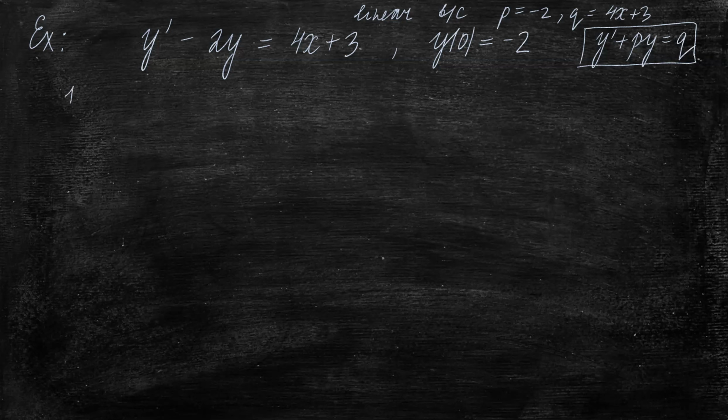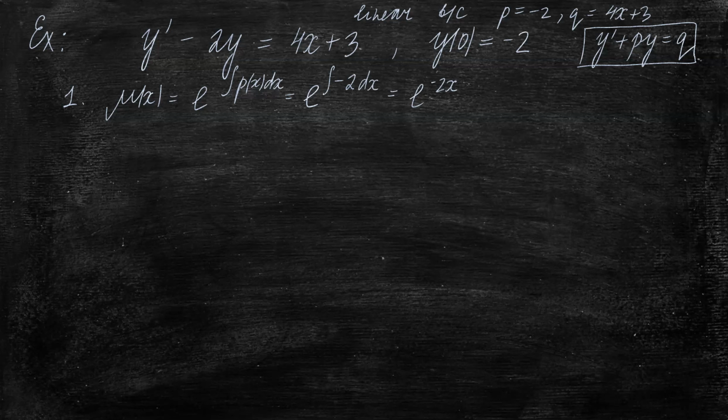And step 1 is to find the integrating factor using this formula. In our case, it will be the integral of -2 dx, so it's going to be e to the -2x.